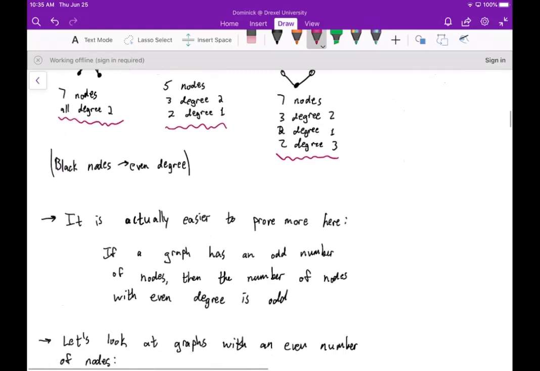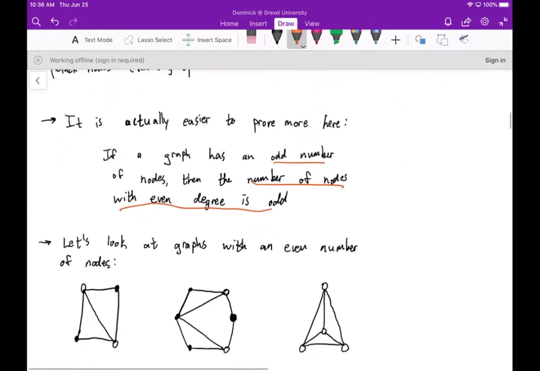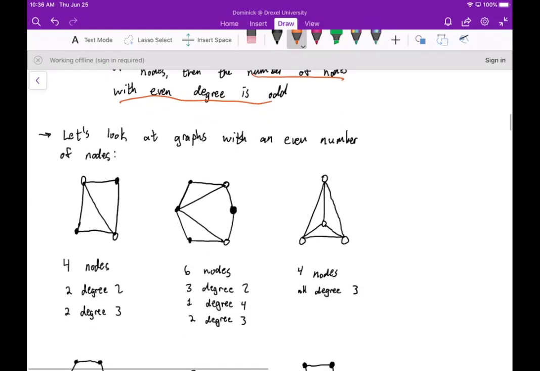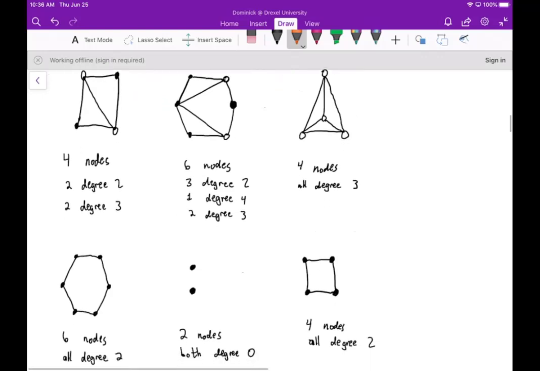Now, what we're actually going to do is prove a stronger statement: that if a graph has an odd number of nodes, then the number of nodes with even degree is also odd. So let's look at some graphs with even numbers of nodes, and maybe we can formulate something even stronger.